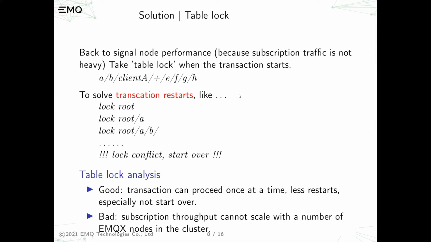So the table lock means that instead of using those fine-granularity locks, we use a whole table lock. That is, one transaction will lock the whole table. The other transactions will have no chance to lock anything, and we can ensure that one transaction can succeed at a time.